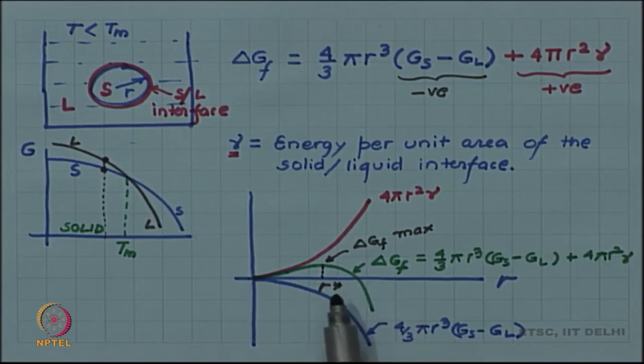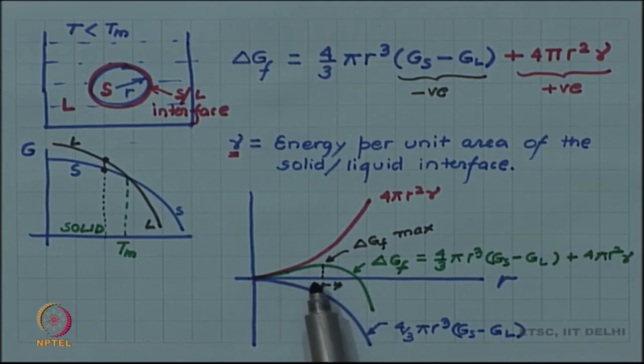We can see if r is less than r star and we want to increase the size of the solid ball, then delta Gf increases. So, this is thermodynamically not a favorable situation, that the free energy change increases with increasing radius.